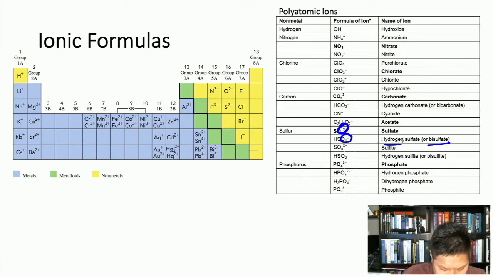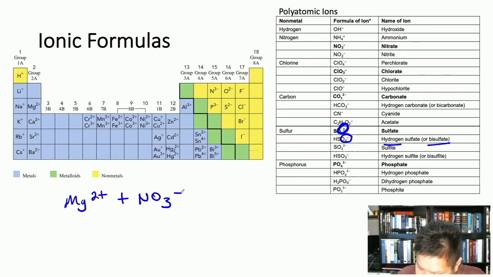So let's do a really quick example of how to name a polyatomic and write its formula. I guess my favorite one these days is magnesium. So we'll do magnesium again, which again has a +2 charge. And I want to make something like magnesium nitrate, which has a -1 charge.